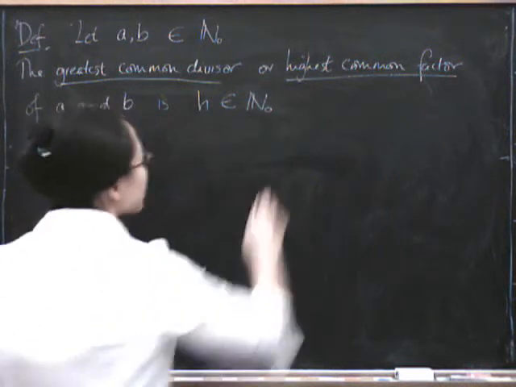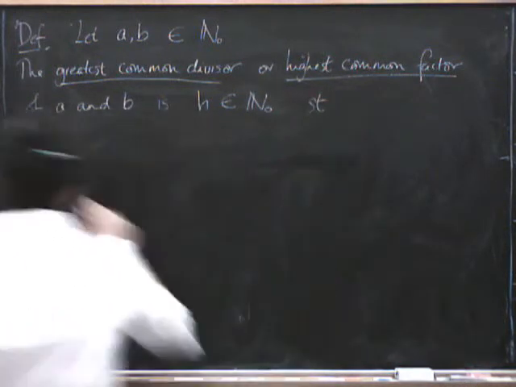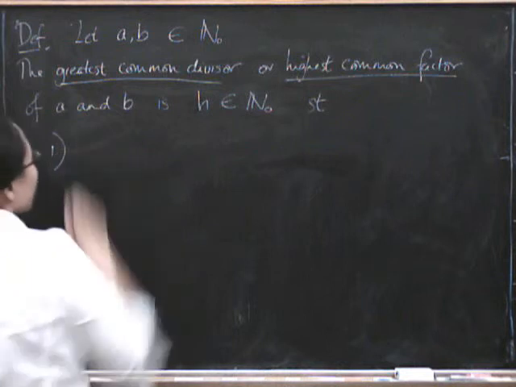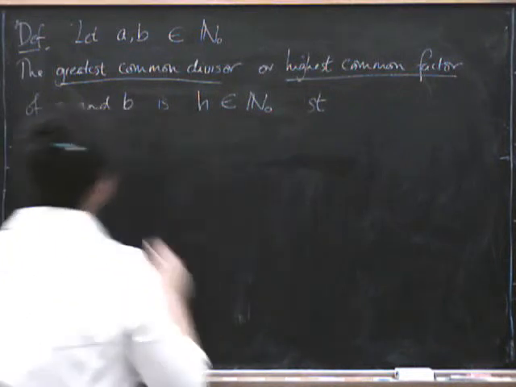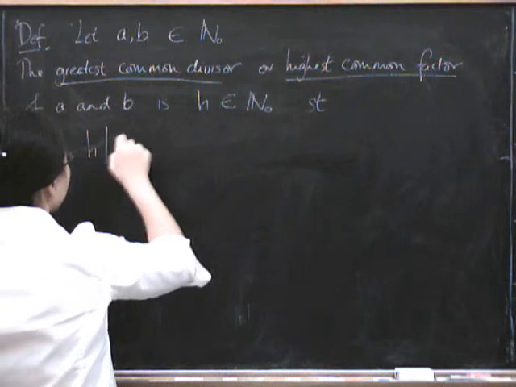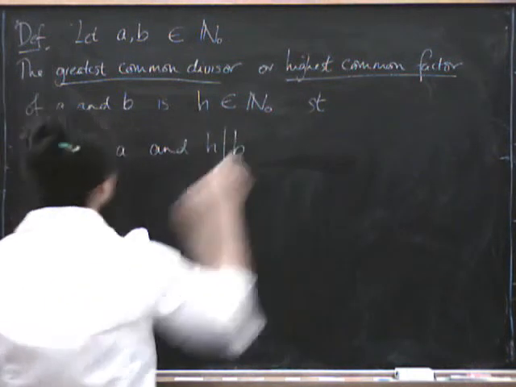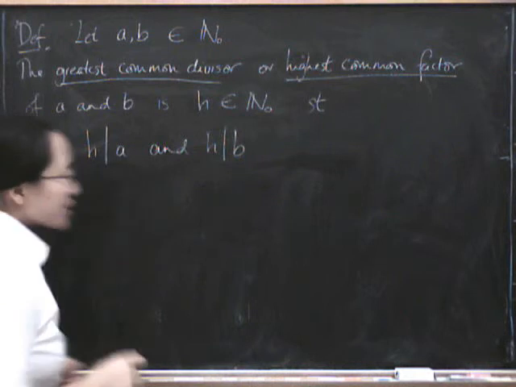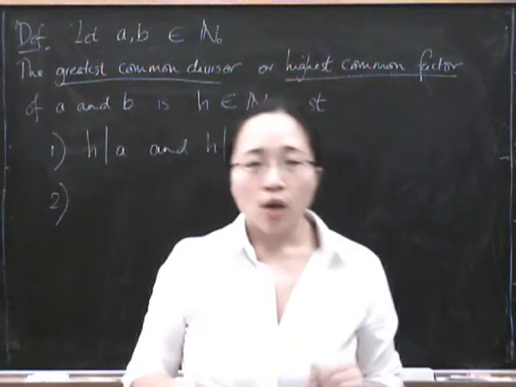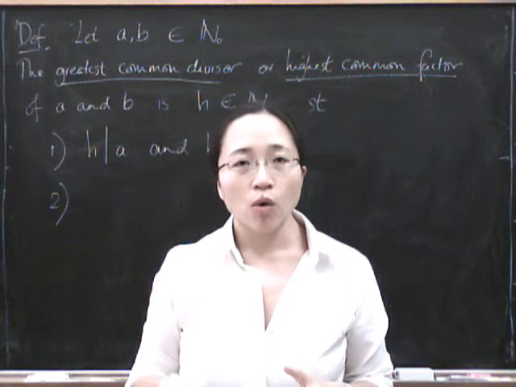So the greatest common divisor of A and B is any number h in the natural numbers satisfying two things. First of all, h has to divide both A and B. And secondly, it is the biggest among all the other divisors.